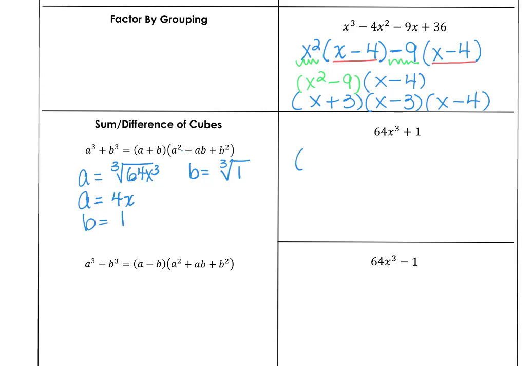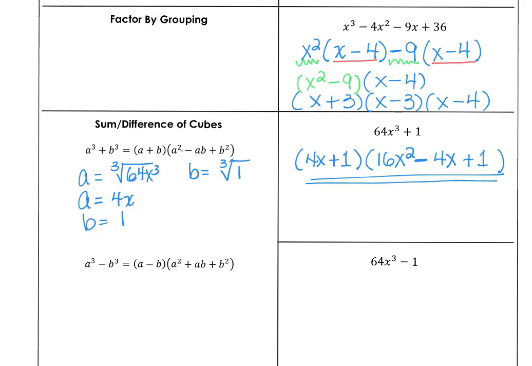And following our pattern with small parentheses and large parentheses, we need our players, 4x and positive 1. And then 4x times 4x is 16x squared. 4x times 1 is 4x, but we want to reverse, we want to do the inverse operation, that would be subtract. And then 1 times 1 is 1, so we're learning how to use that pattern.